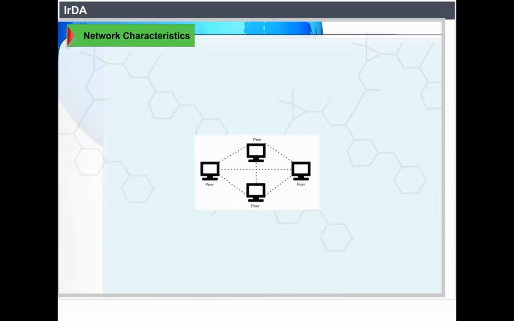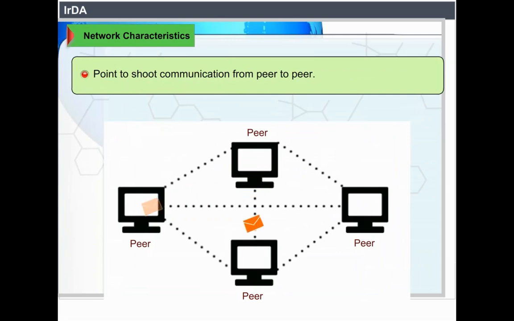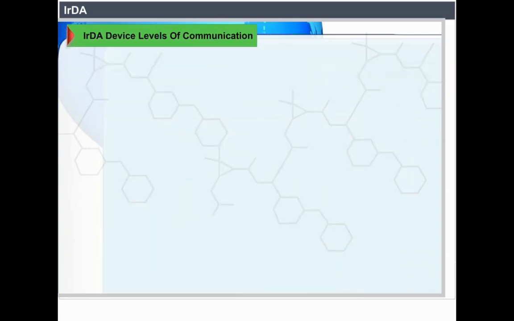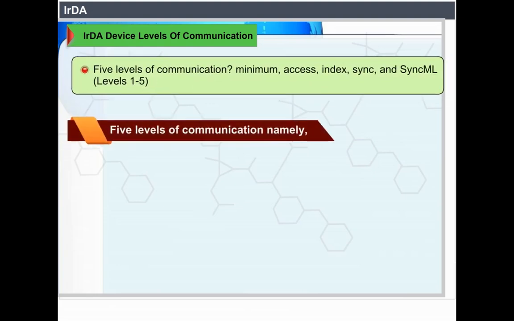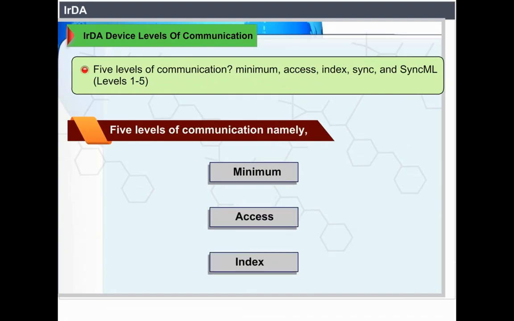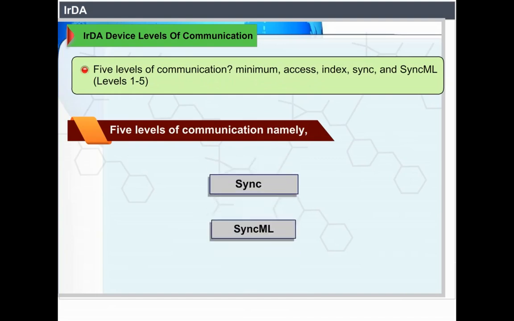Network characteristics. Point-to-shoot communication from peer-to-peer. IrDA device levels of communication. 5 levels of communication: minimum, access, index, sync and SyncML, level 1 to 5.